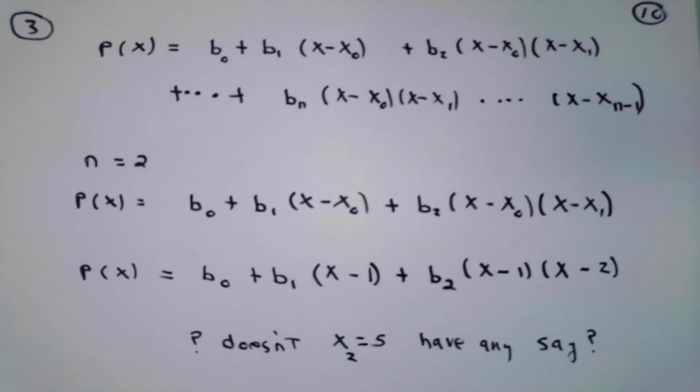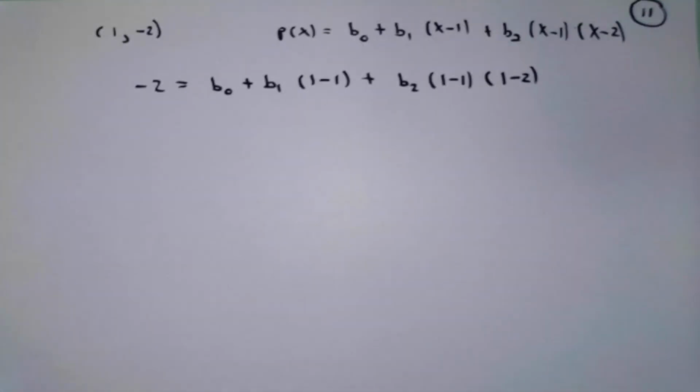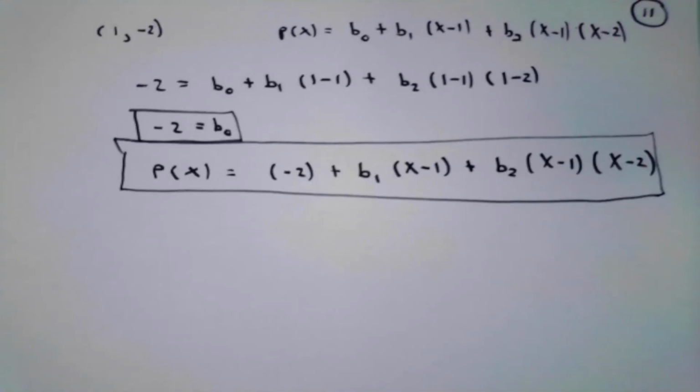If I think of doing this with our specific x values, it seems strange that x2 equal 5 doesn't have any direct influence, but as it turns out, it'll have an indirect influence instead. When you evaluate the polynomial at x equal 1, the second and third terms are both 0.